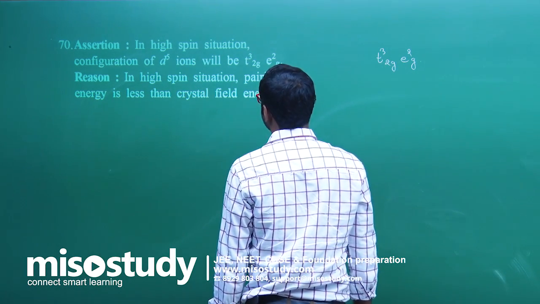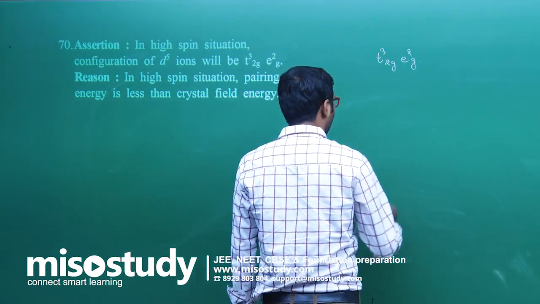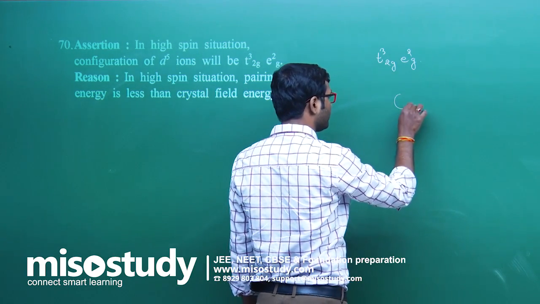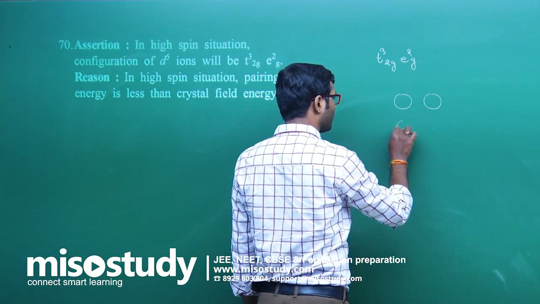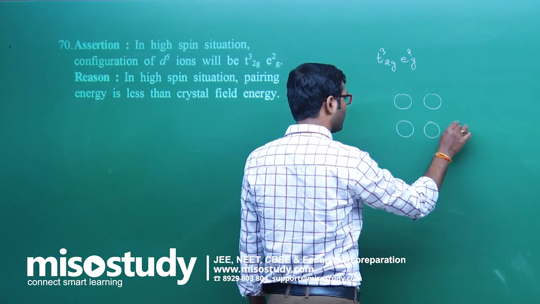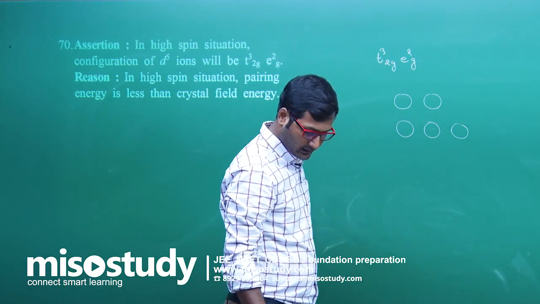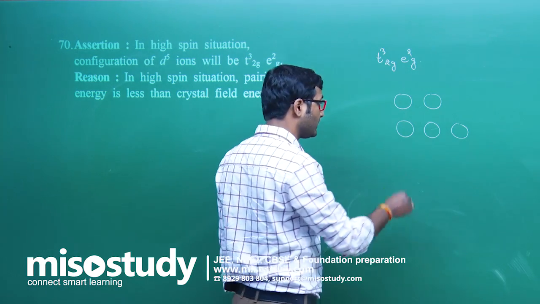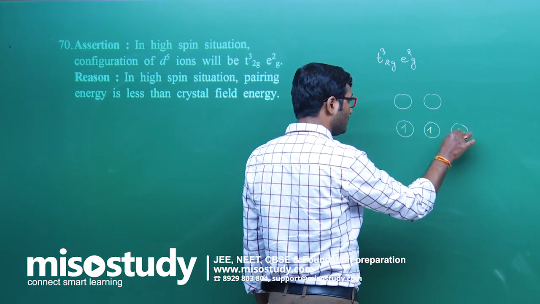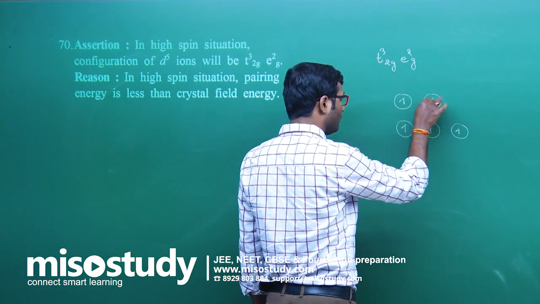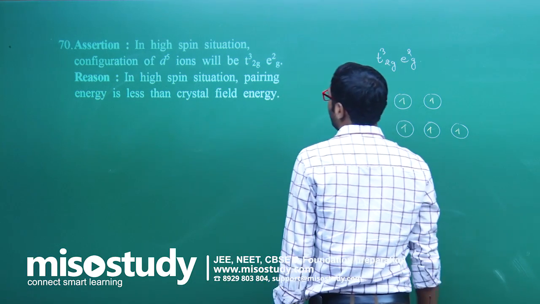In the high spin situation of d5 ion, it is not a low spin complex, it is called a high spin complex, like 1, 2, 3, 4, 5. This is the correct order.